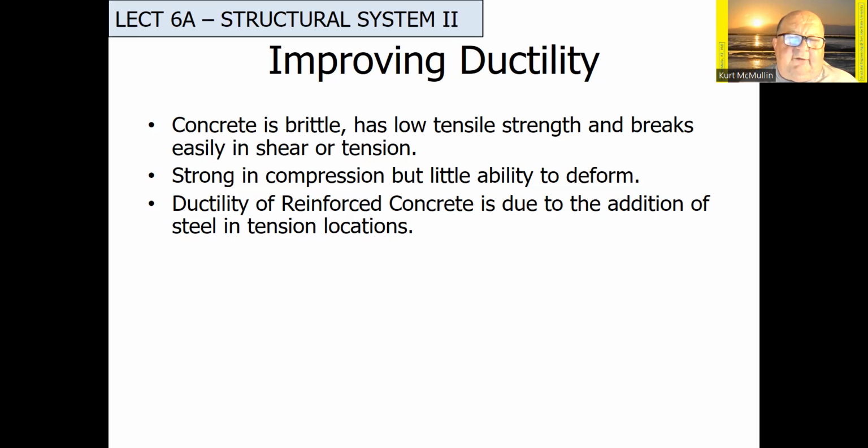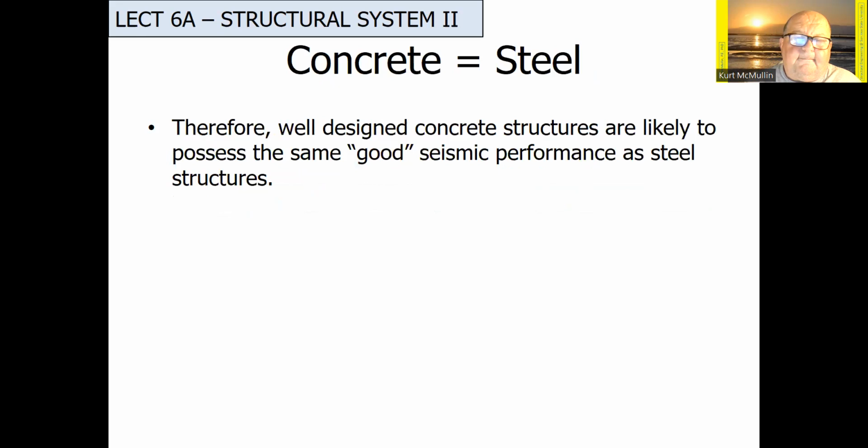The ductility of reinforced concrete is due to the addition of steel in locations where we're expecting high stresses, particularly tension stresses. So well-designed concrete structures should have the same good seismic performance as steel structures.